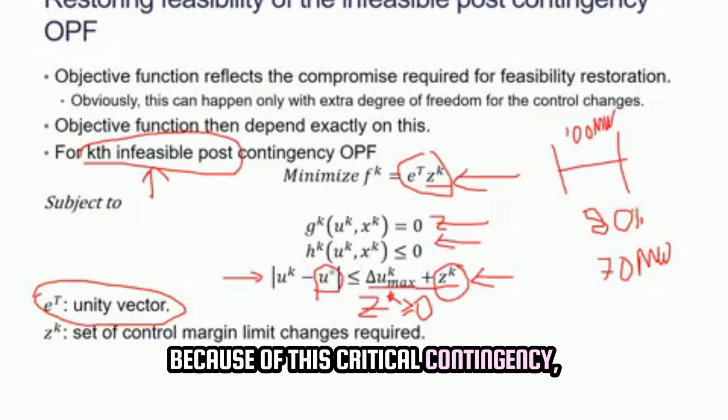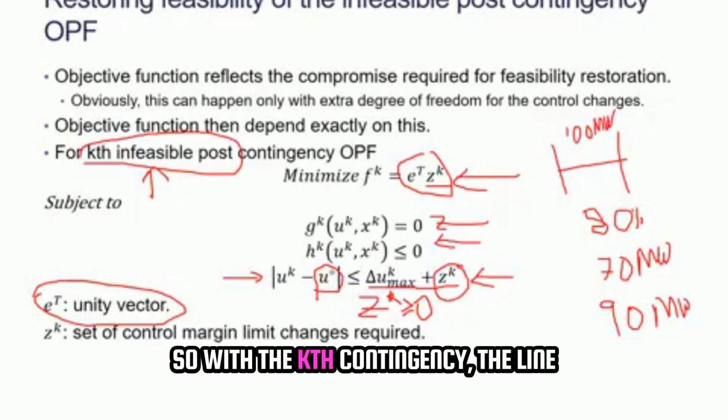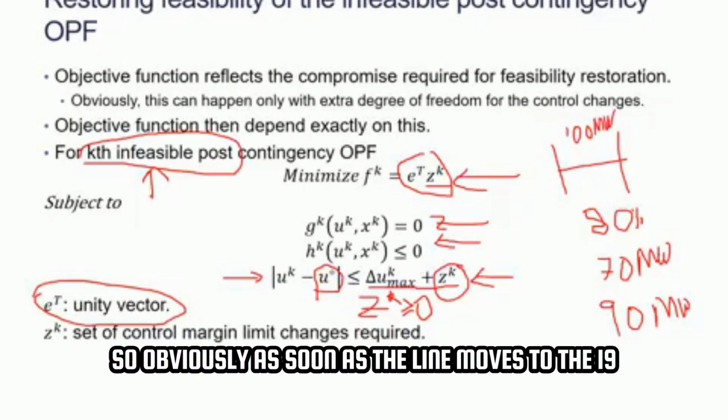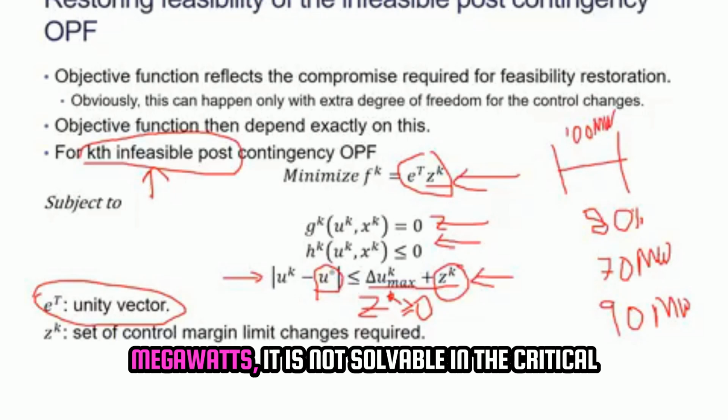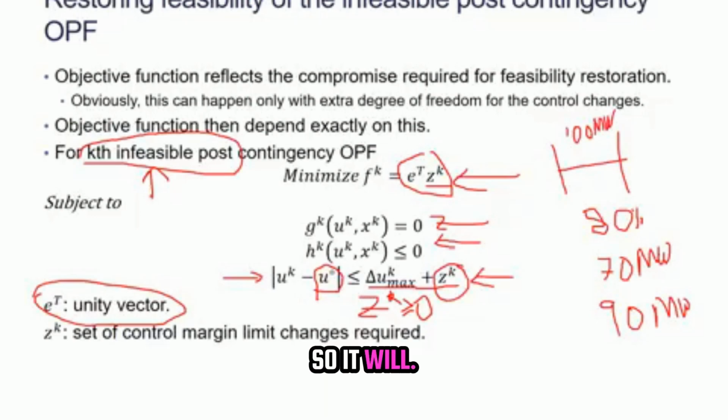Because of this critical contingency, the line limit is moving to 90 megawatt. Let's assume that. So with the kth contingency, the line limit is moving to 90 megawatt. So obviously, as soon as the line moves to 90 megawatt, it is not solvable in the critical contingency state, or sorry, corrective state. So this contingency will be added to the preventive step.